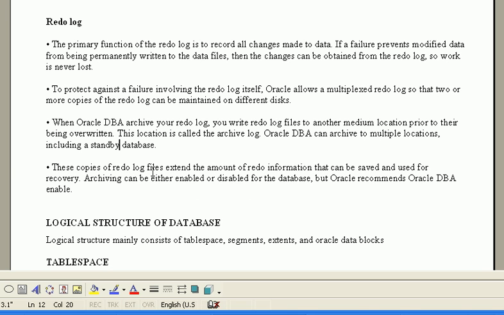These copies of redo log files extend the amount of redo information that can be saved and used for recovery. Archiving can be either enabled or disabled for the database, but Oracle recommends it should be enabled.